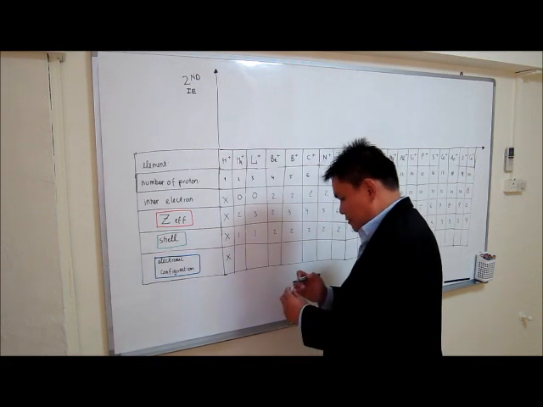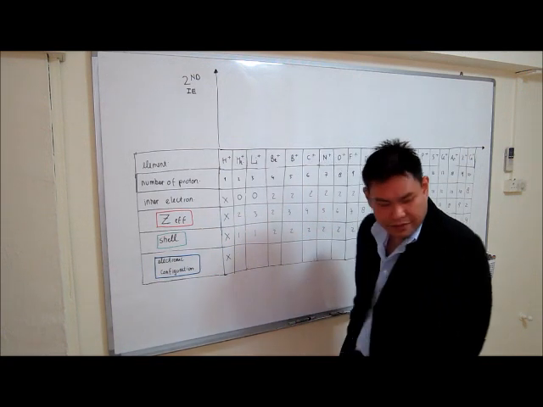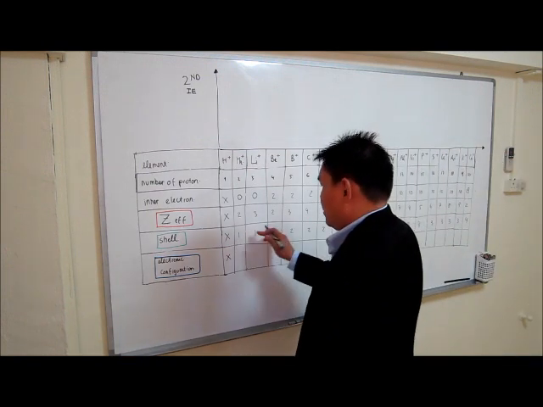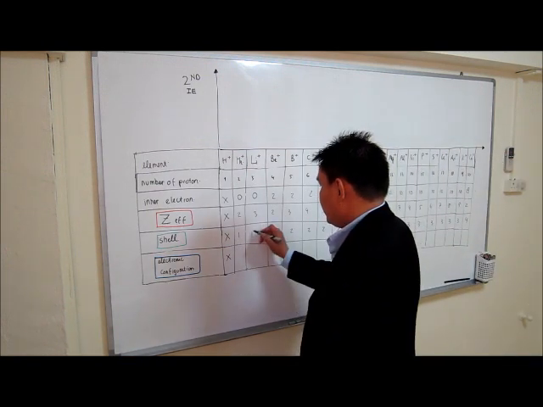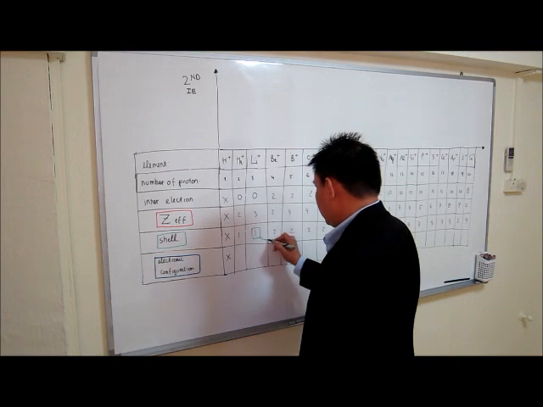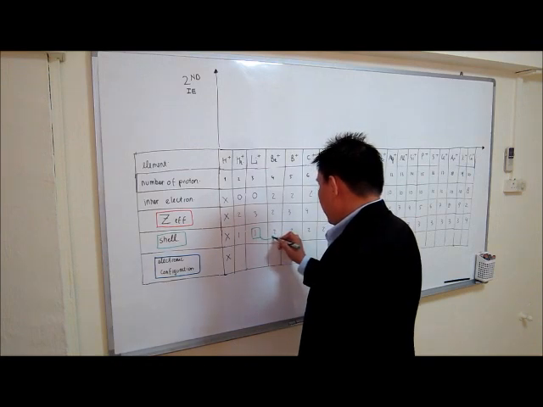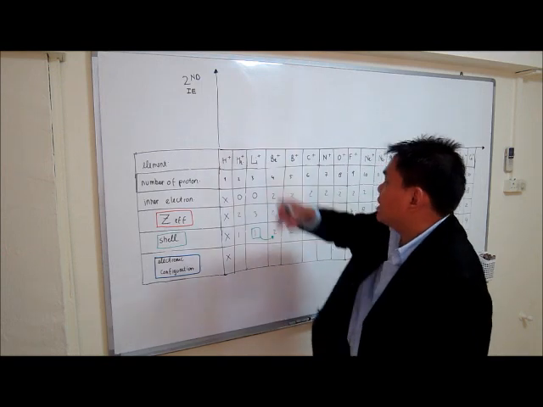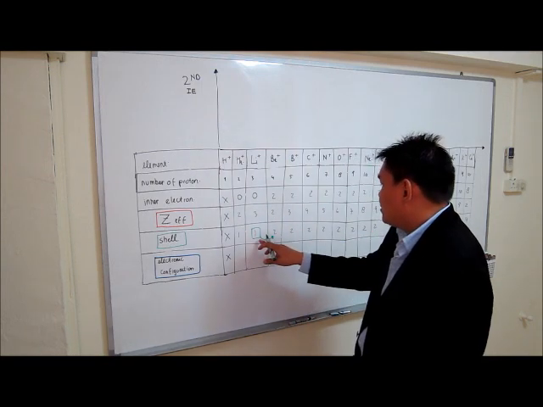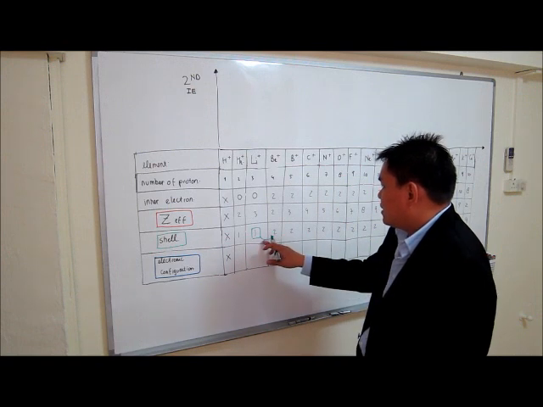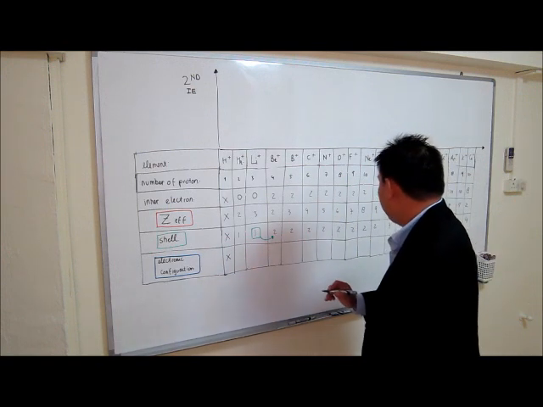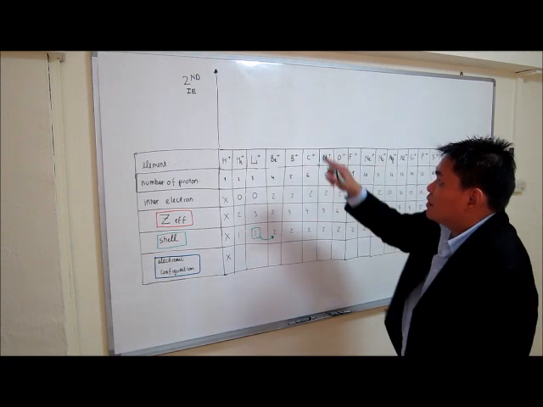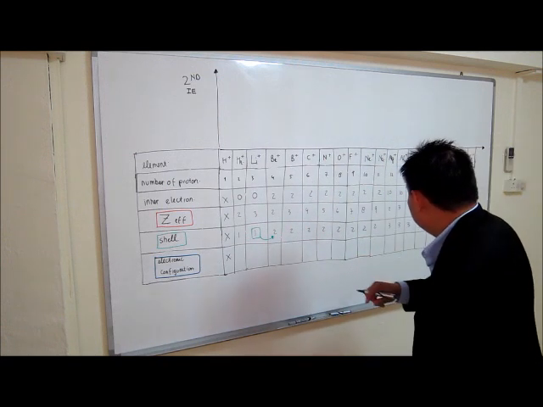If you have an increase in the number of shells, you're going to have a very significant decrease in the second ionization energy. So we mark this with the green arrow. This green arrow represents a big drop of second ionization energy.